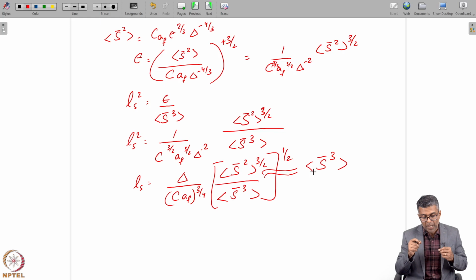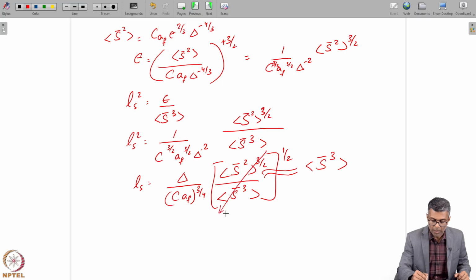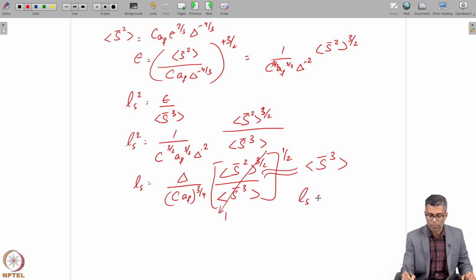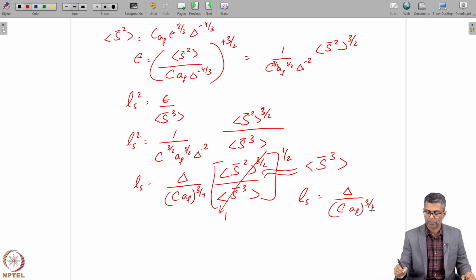But we are making the approximation that they are the same. In that case, this would cancel out and you would just get 1 there. So then LS would be equal to delta over C AF to the 3/4.